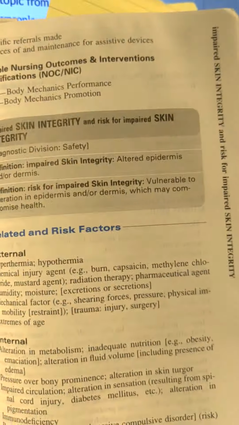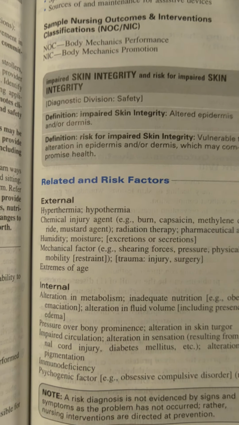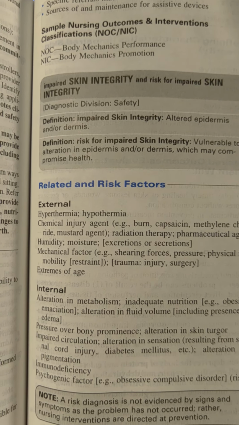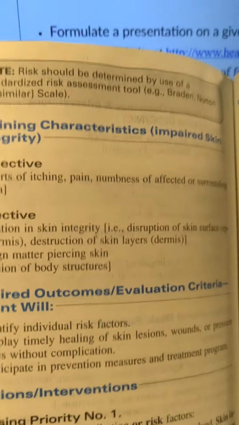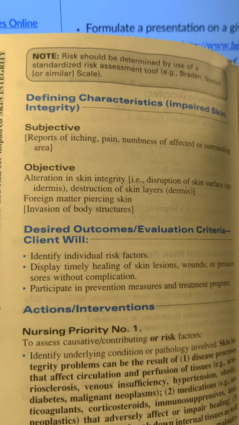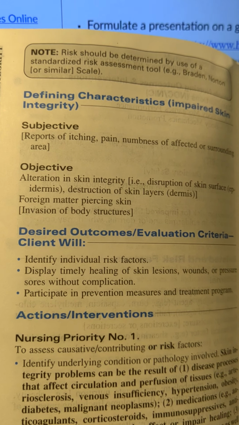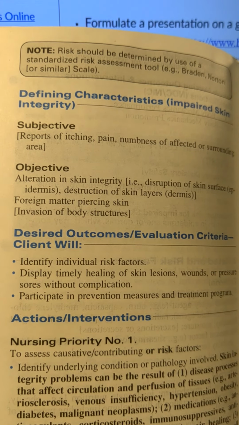Okay, 783, it says impaired skin integrity. It says related factors. And then what happens is, the key thing for you to look up for care plan things is the defining characteristics. And it says subjective and objective.